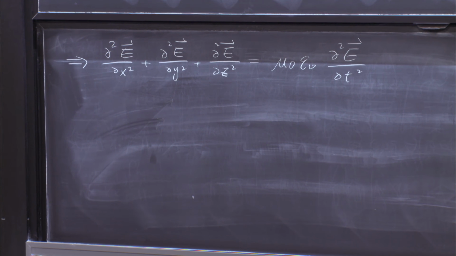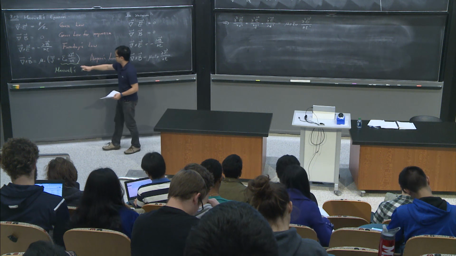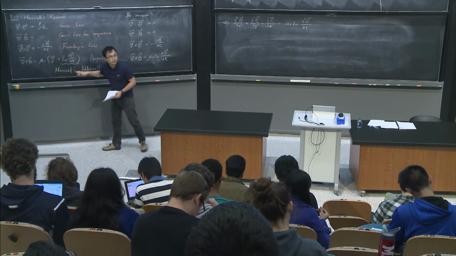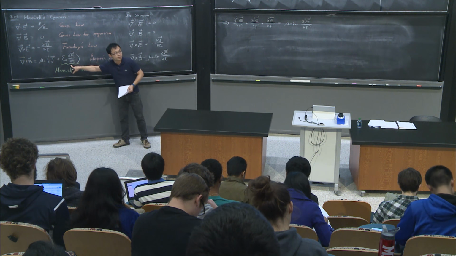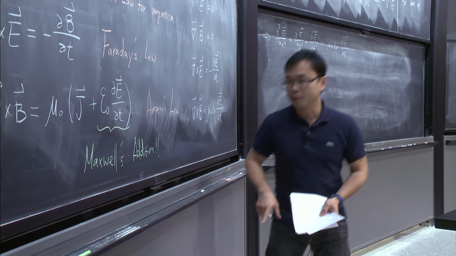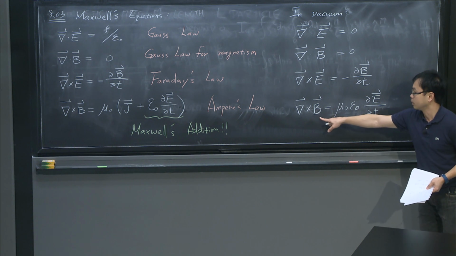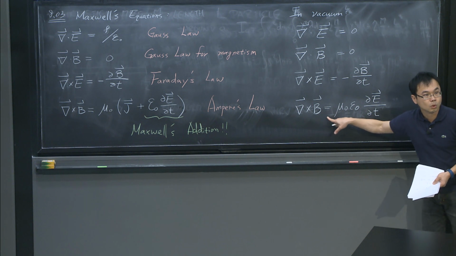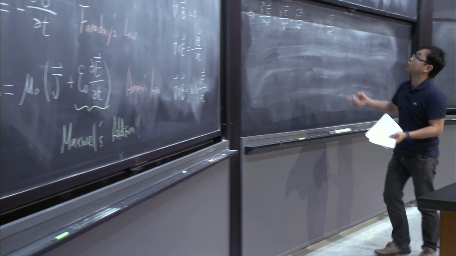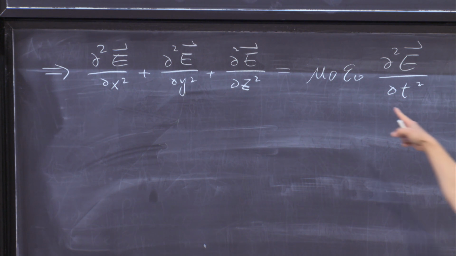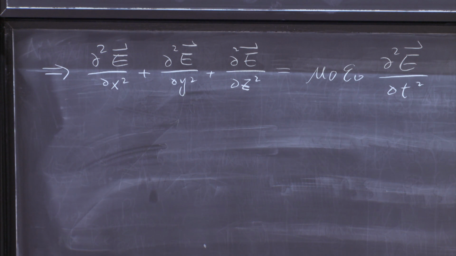So Maxwell sees this when he adds this additional term here. As you can see, if I don't have this additional term, the displacement current from Maxwell, what is going to happen? This curl B will be equal to 0, right? So what is going to happen to this identity? This left-hand side part will be equal to 0.